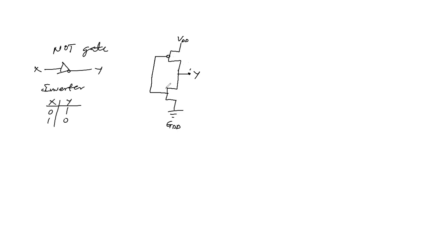We have the gates connected together. So here we have the source connected to ground, and the drain is fed the voltage supply, then the gate is fed in. So in this case, this is a CMOS inverter, right? So the NOT gate is designed using two transistors, okay?